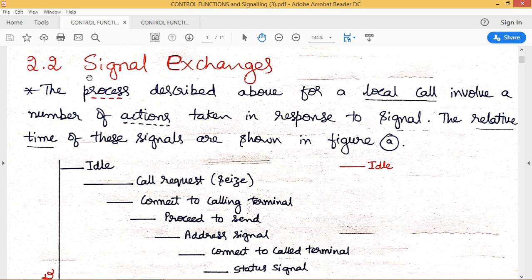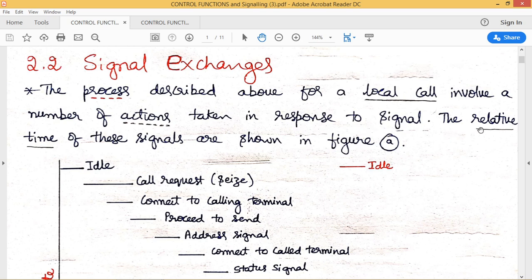Today we will discuss the signal exchanges that take place when we are establishing a local call with the help of a local exchange. There are a number of actions that need to be taken care of by an exchange.